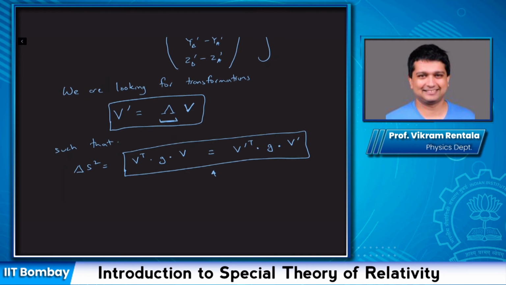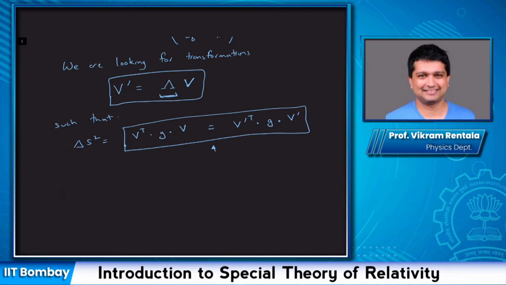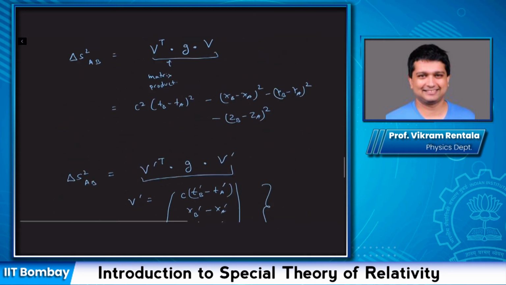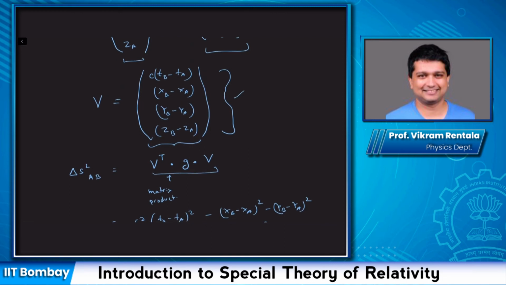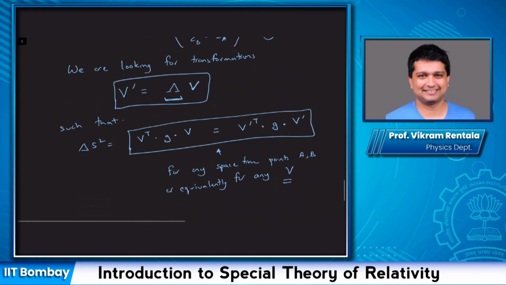And this criteria should be satisfied no matter what choice of space-time points A and B we make. That is, we want this to be true for any space-time points A and B, or equivalently for any V. Okay, that is starting with a column vector for any two space-time points, like this, and making a linear transformation of coordinates to V prime.